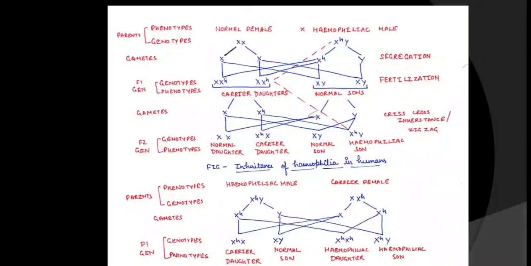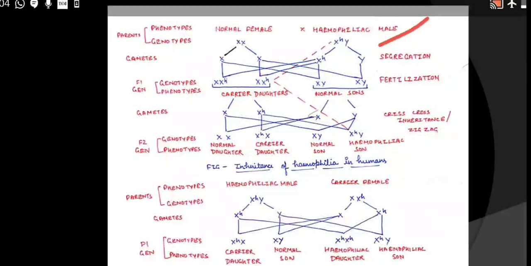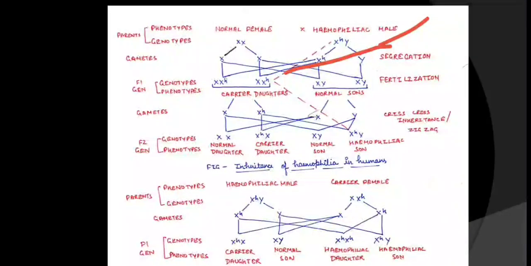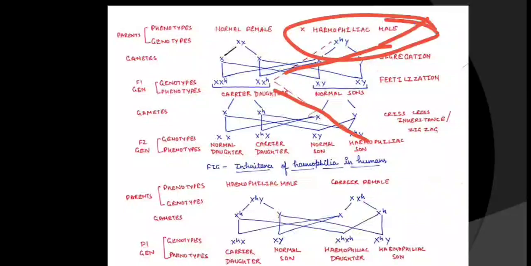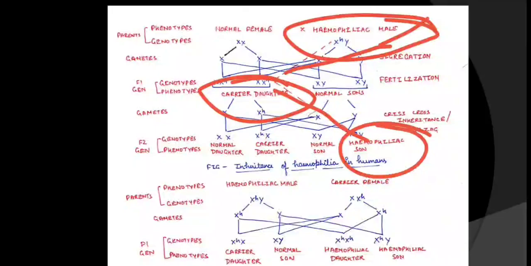So what you will observe here is that the father is transferring the disease to their carrier daughters, and they are then transferring the disease to their sons. A hemophilic son is there.